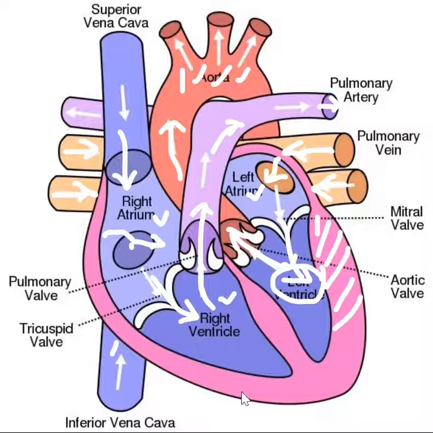And a series of coronary veins collect deoxygenated blood from the heart wall. The arteries and veins of the heart wall form the coronary circulation.